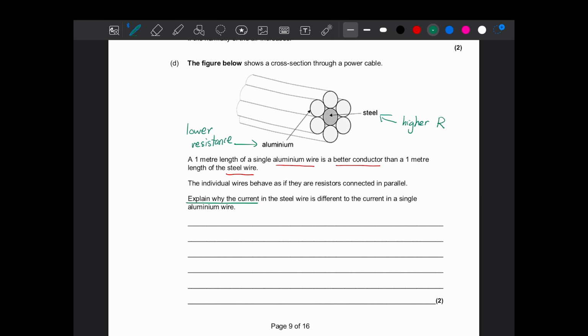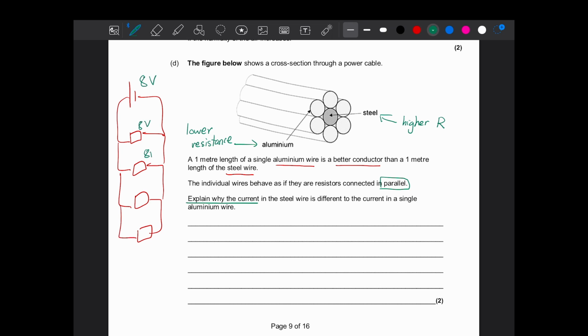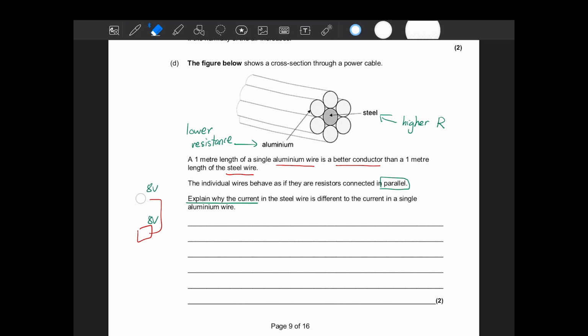First off, we know they're in parallel, so the potential difference across all of them is the same. Remember what I said about resistors in parallel? Doesn't matter what their individual resistance is, the voltage or potential difference across each one, if it's 8 volts at the source, it's going to be 8 volts across every single one. Let's actually write that down.